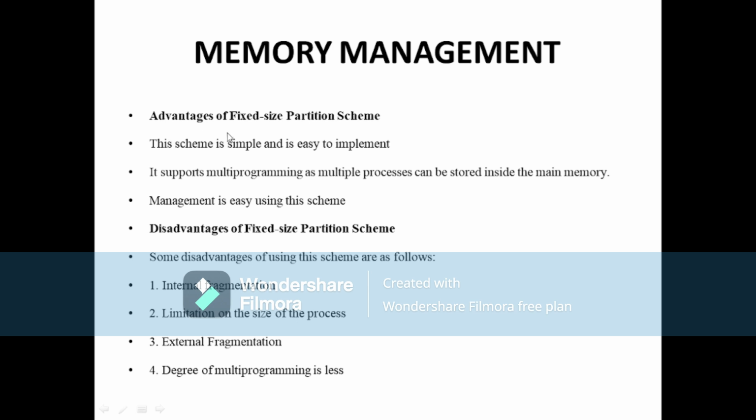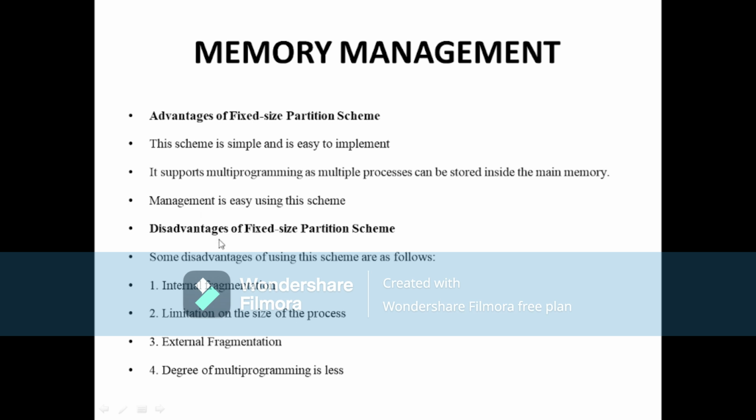So coming back to the advantage, this fixed size partition scheme supports multi-programming because multiple processes can be stored inside the main memory in different partitions or blocks. Management is also very easy using this scheme.